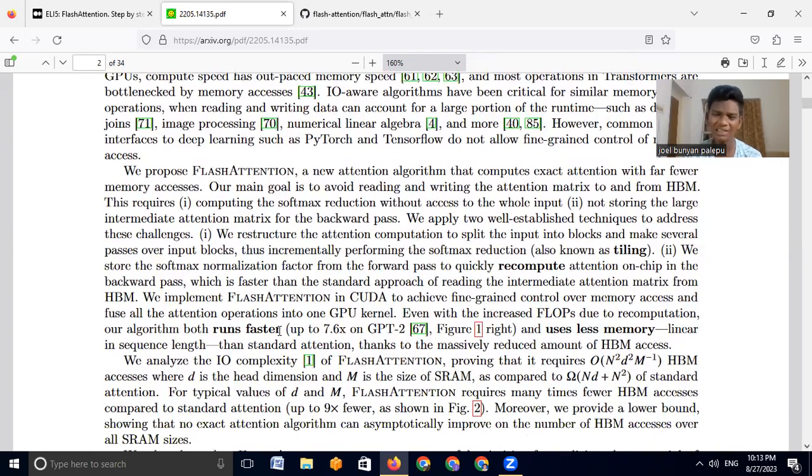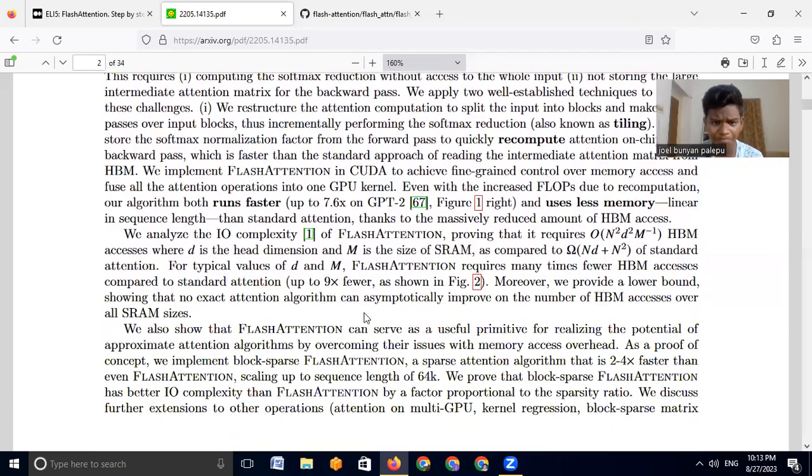Why? I will state the reasons. Modern GPUs are better with computation rather than just reading and writing to the memory. So there's going to be a hierarchy of what is fast and what is not in modern day GPUs. And also the time complexity is linear in sequence length.